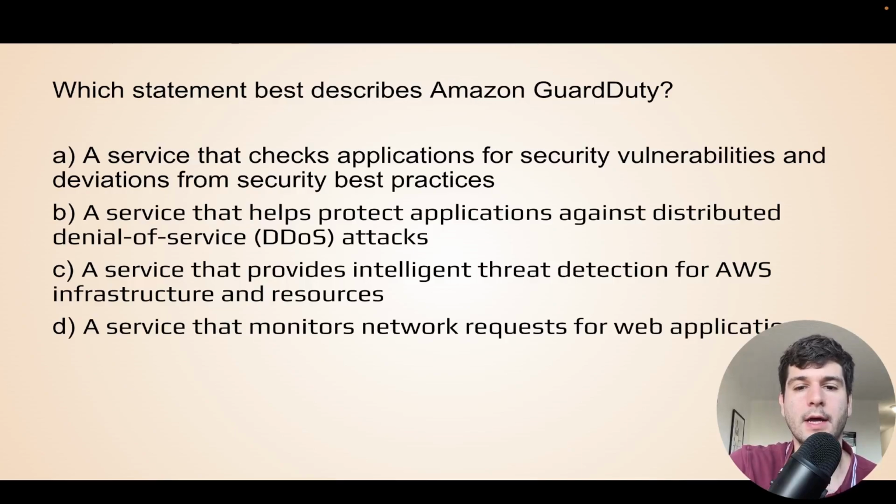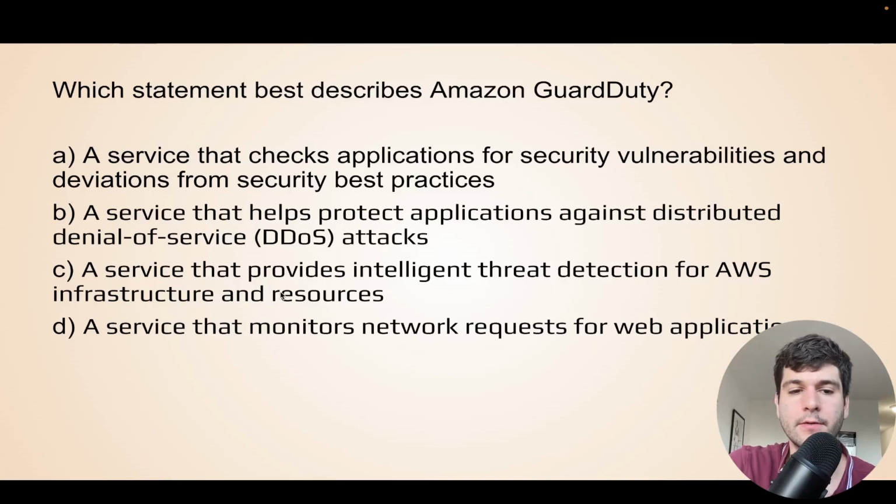Which statement best describes Amazon GuardDuty? A, a service that checks applications for security vulnerabilities. B, a service that protects against DDoS attacks, so that's not GuardDuty. C, a service that provides intelligent threat detection for AWS infrastructure and resources. D, a service that monitors network requests.